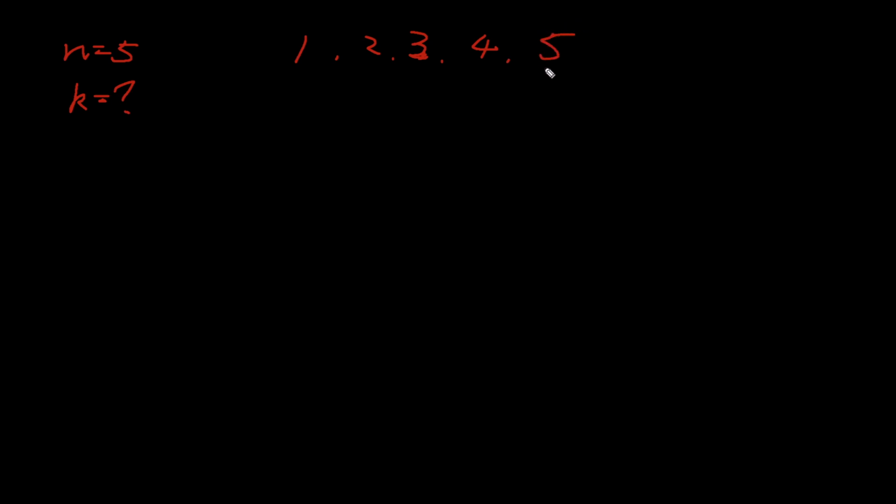For example, if we move 5 to here, we'll have 4 inverse pairs in this case. And if we move 5 to here, we'll have 3, and so on and so forth. So here we have 2, here we have 1.